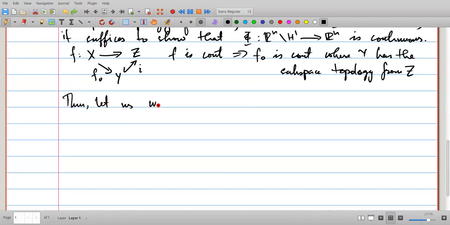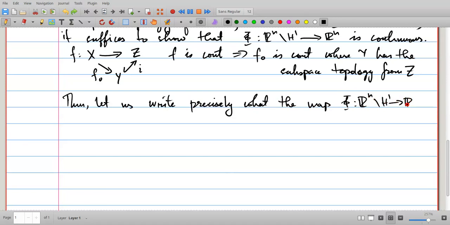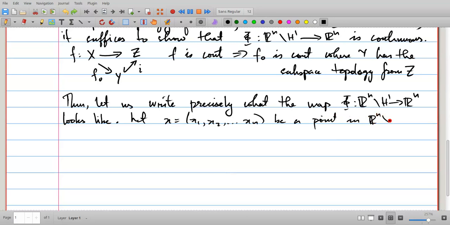So let us write precisely what the map phi from Rn minus H prime to Rn looks like. So let us take a point. Let x equal to x1, x2 up to xn be a point in Rn minus H prime.